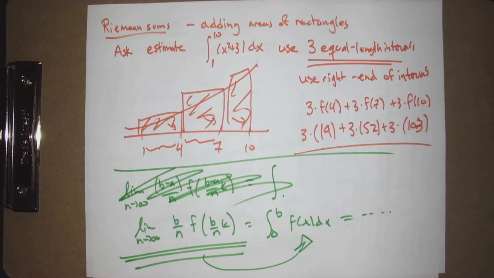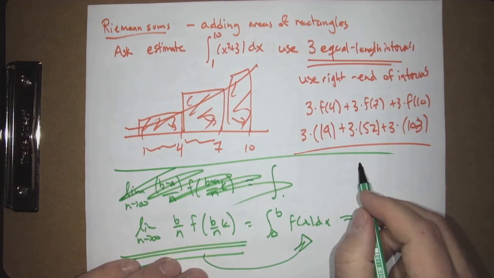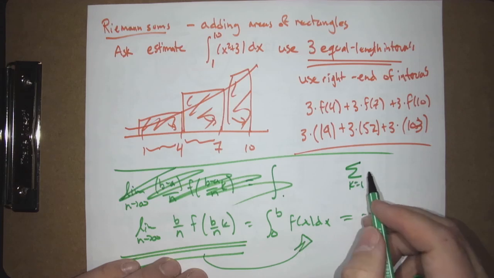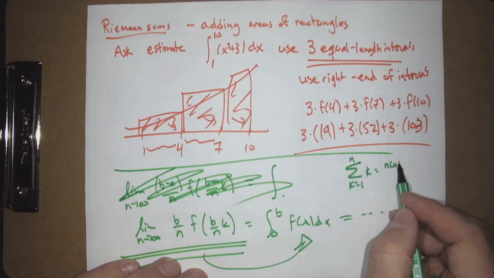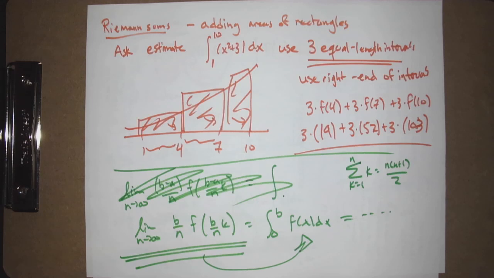You might ask, do you need to memorize the sum formulas? So, do you need to remember something like the sum of k from k equals 1 to n is n times n plus 1 over 2? Do you need to remember that? No, it's okay. You don't need to remember that. If you need it, we'll give it to you.